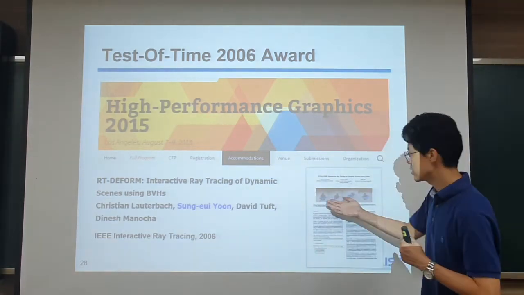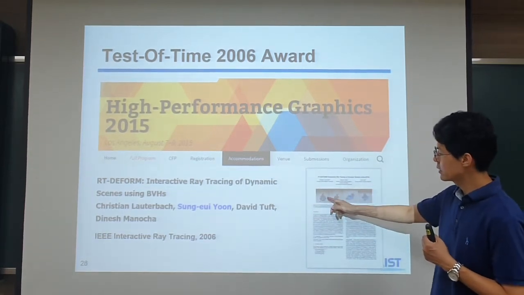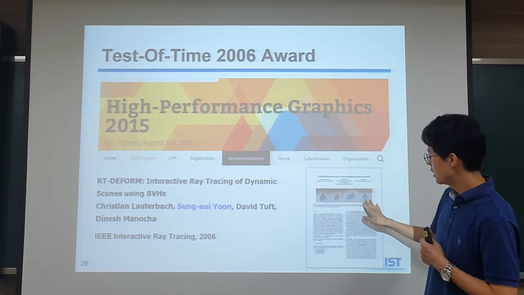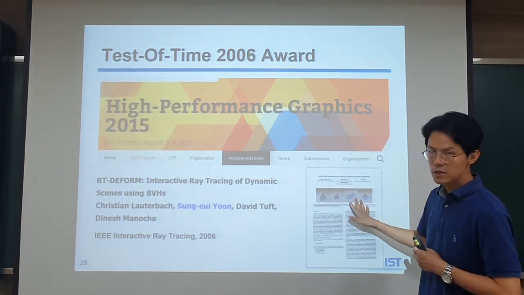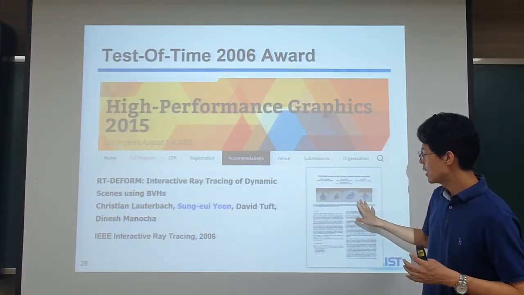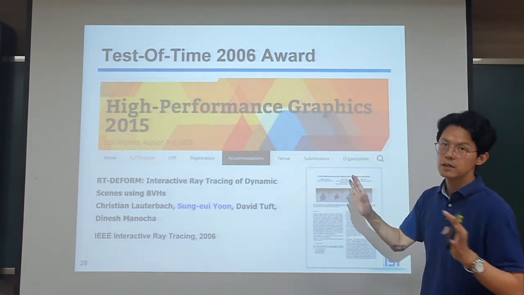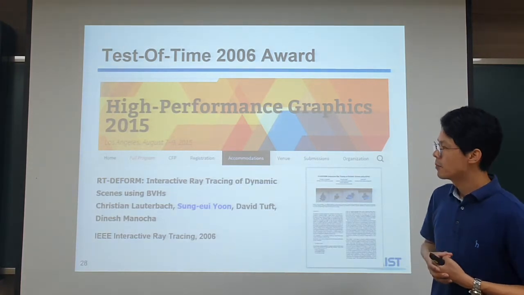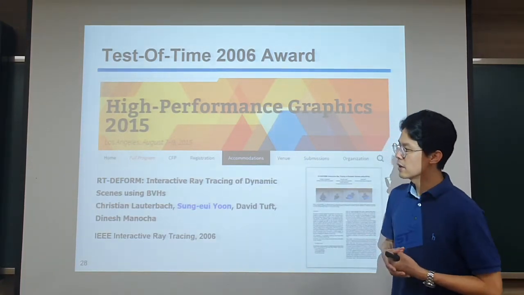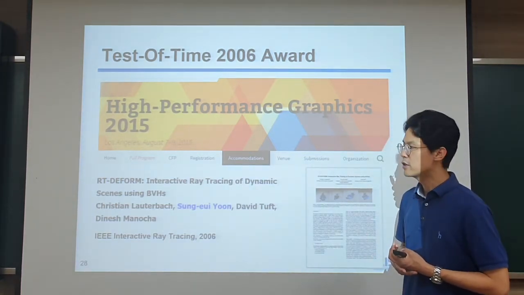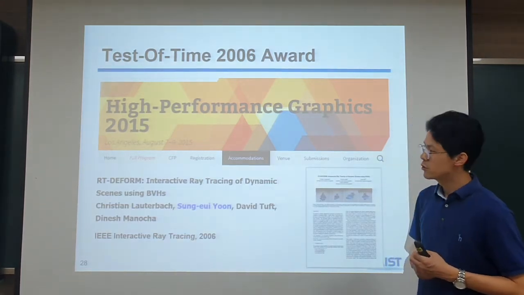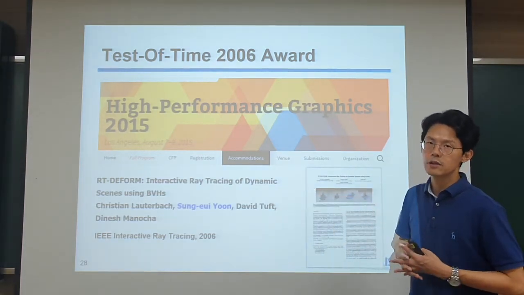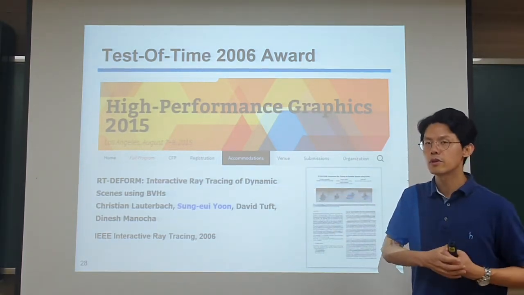Here we apply this technique to a dancing character with a very long skirt. It is a very small image, but the skirt is nothing but a dynamic object, so we need to update the bounding volume hierarchy every frame. Using bounding volume hierarchy for handling dynamic objects was a very common practice in the field of collision detection.